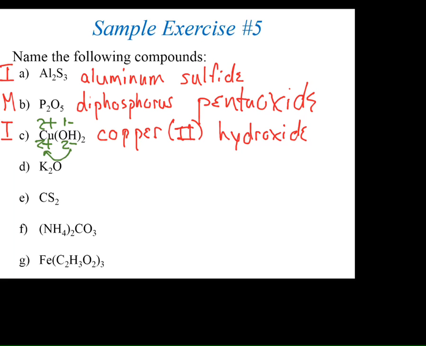Okay, your turn. Try the next 4 there and talk it over with your neighbor. See what you guys think. Help each other out. Compare answers. Don't be a loner. Help somebody out.